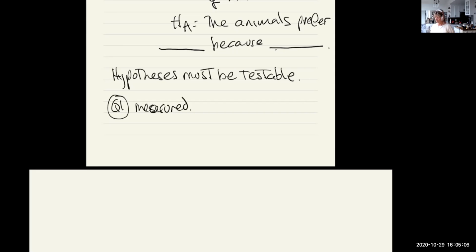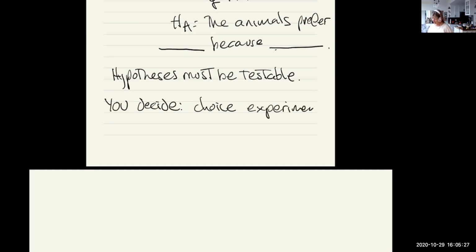First of all, you must decide: will you do a choice experiment or response experiment?